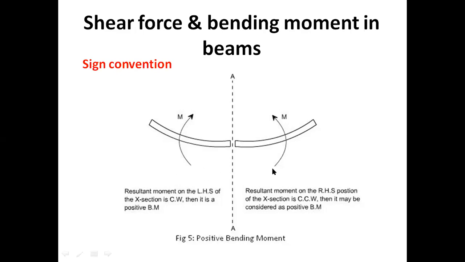This is the case of positive bending because the concave side is up. If you look at the right hand side of the section, here the moment is counterclockwise. So if you are working on the right hand side of the beam, and the bending is positive bending, then on the right hand side we have to take counterclockwise as positive, whereas clockwise as negative.